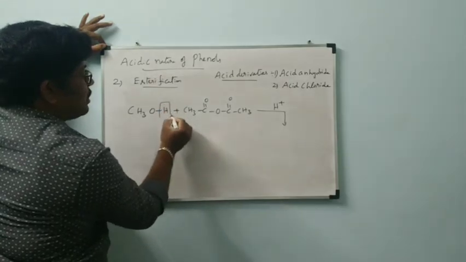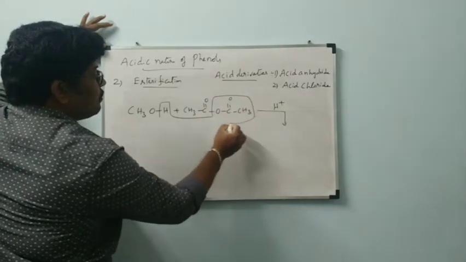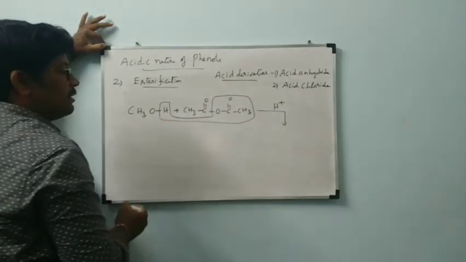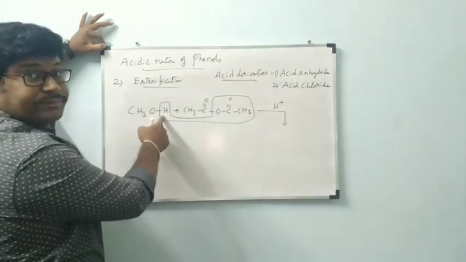Hydrogen from alcohol and CH3COO from acid anhydride will be combined to form CH3COOH.